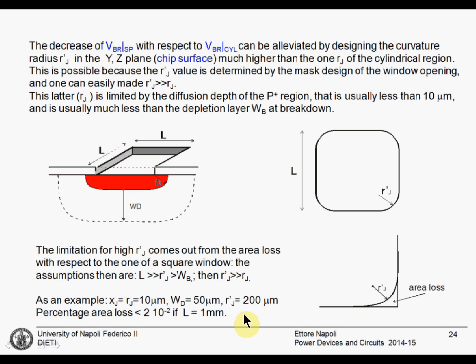If you use a corner radius equal to 200 microns, and this side is 1 millimeter, hence this diode is 1 millimeter square of chip area, what you lose is less than 2% of the total area. Absolutely reasonable loss.